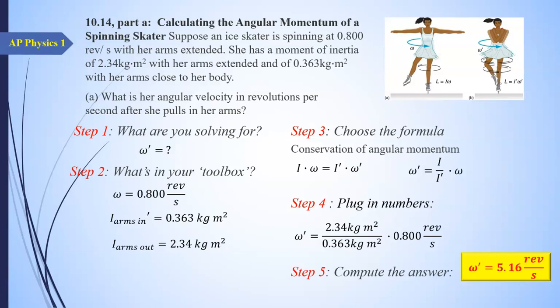That's a multiple of about 6.45 times faster. If you compare that with the moment of inertia, it went down by 6.45 times. It went down from 2.34 to 0.363. If you divide those two numbers, you'll get 6.45. So there, it's an inverse relationship between angular velocity and her rotational inertia.